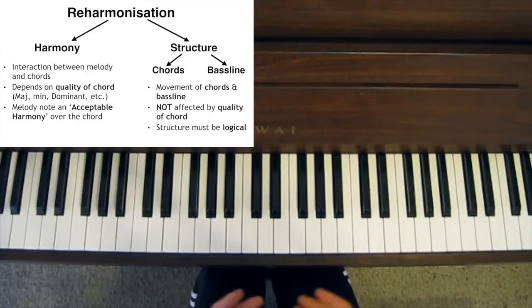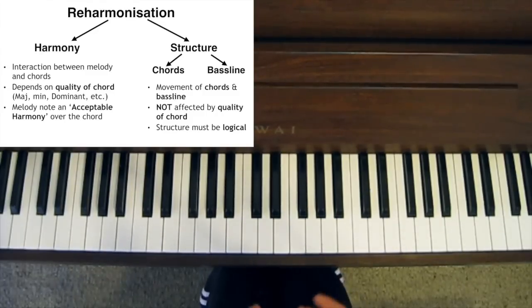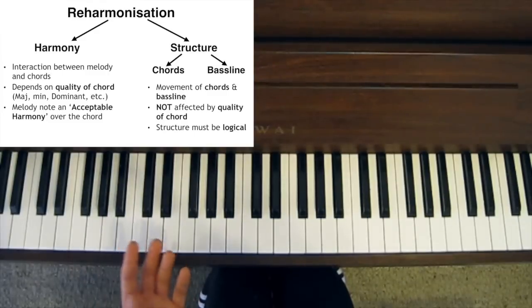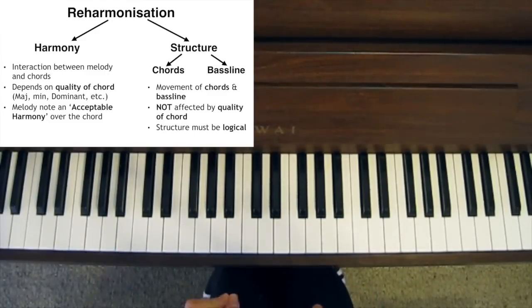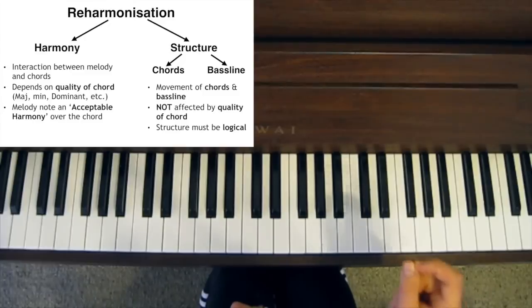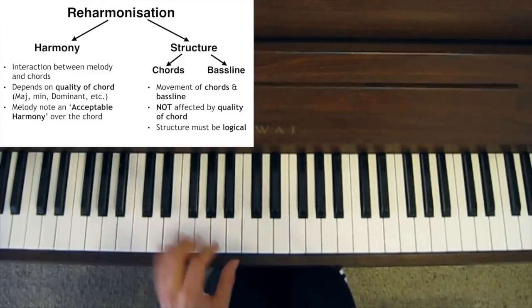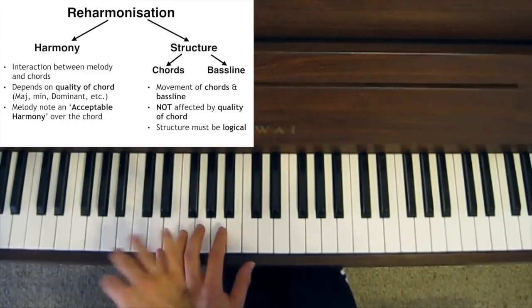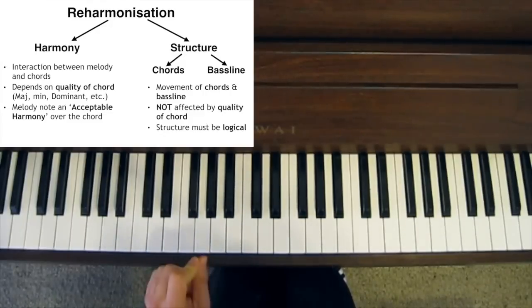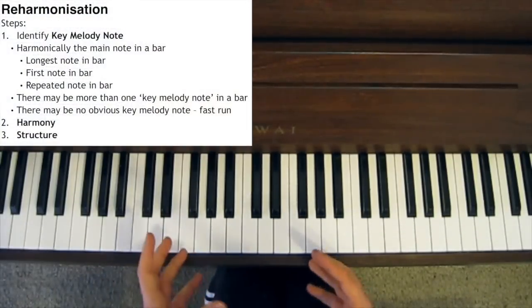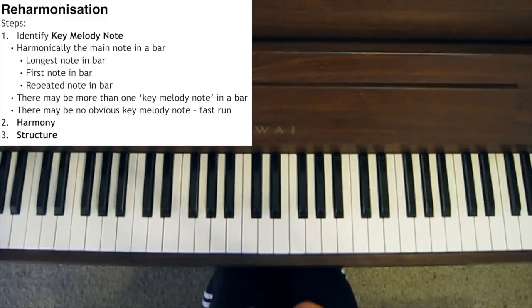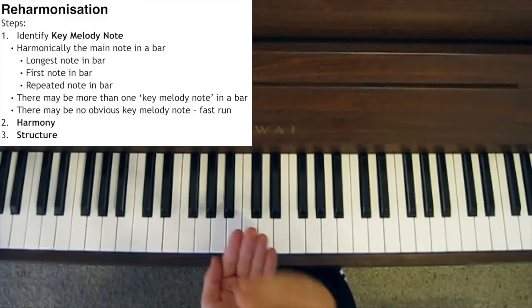And again, I'll go over this in a bit more detail in a moment. So your overarching goal when reharmonizing a song is to change the chords and/or the melody to ensure that the melody is an acceptable harmony over the chord, and that the chords and the bass line move in a structured way.